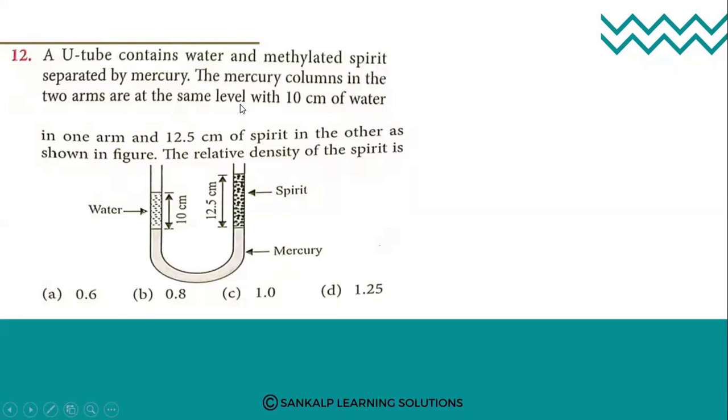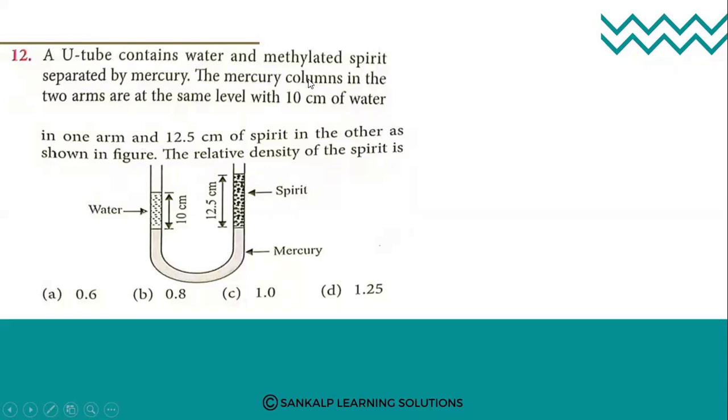The mercury columns in the two arms are at the same level with 10 centimeter of water in one arm and 12.5 centimeter of the spirit in the other arm as shown in the figure.